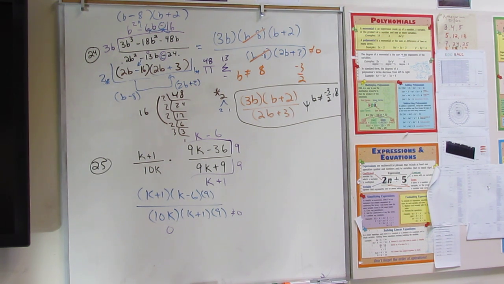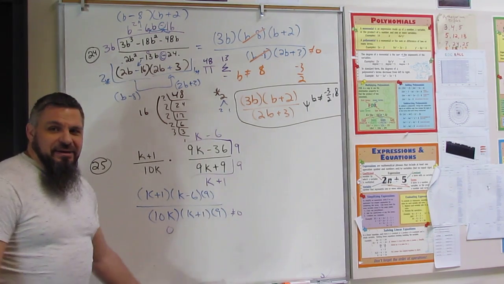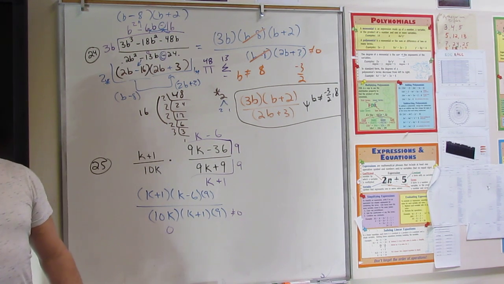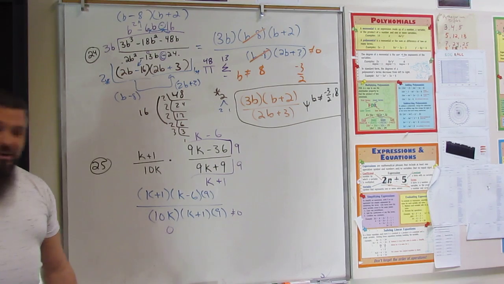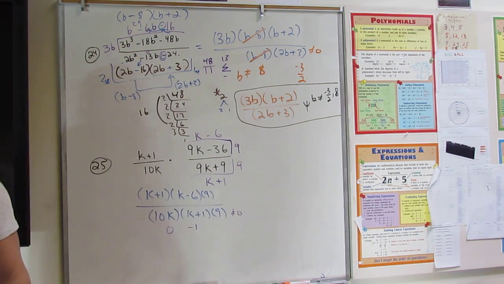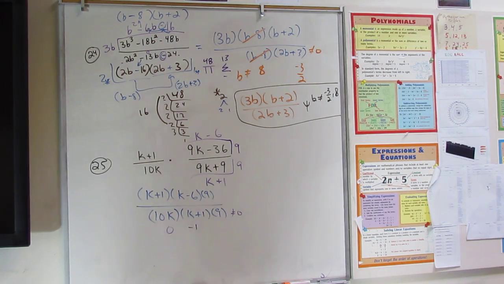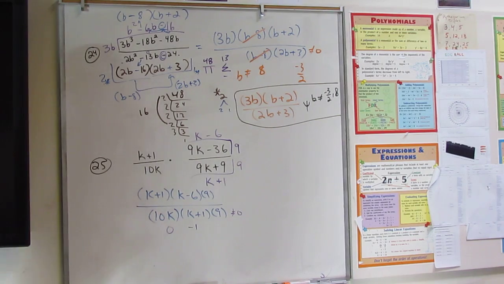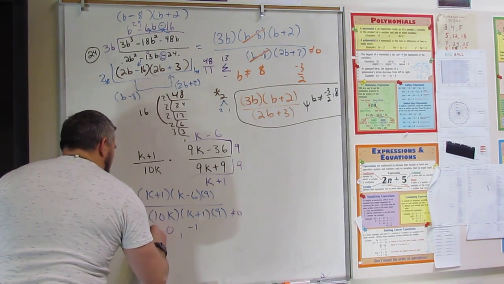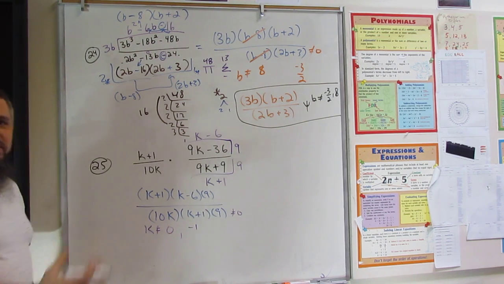Okay, so what plus 1 is 0? Negative 1. Negative 1 plus 1 is 0. Yes. And how do we turn 9 into 0? Well, you don't. You got to multiply it by 0, right? So that's the only thing. So k cannot be 0 or negative 1.